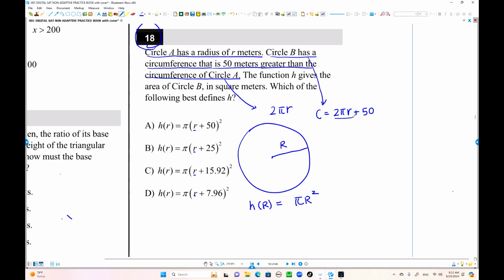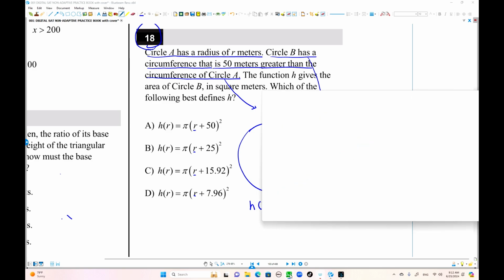Okay, this one equals 2 pi capital R, right? From here we can find R. Divide by 2 pi. So R equals 2 pi r over 2 pi is r, plus 50 over 2 pi. But this one we have to calculate using the decimals over here, okay?